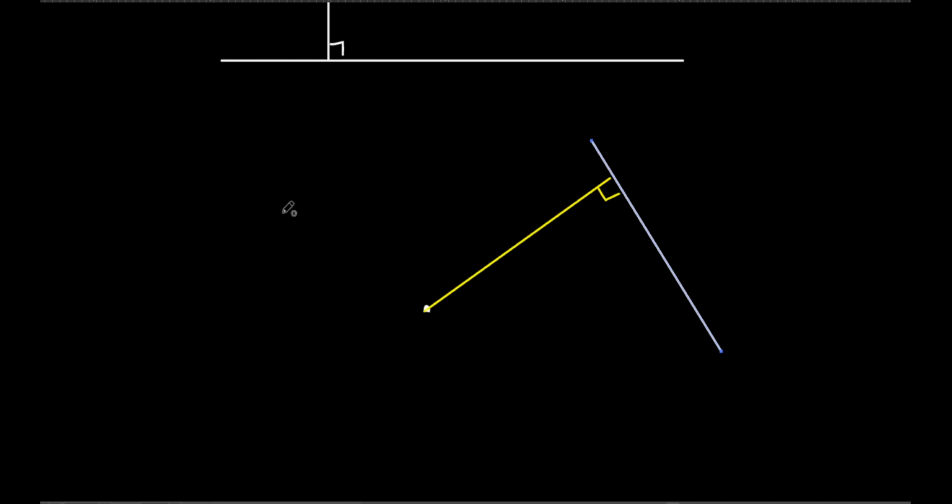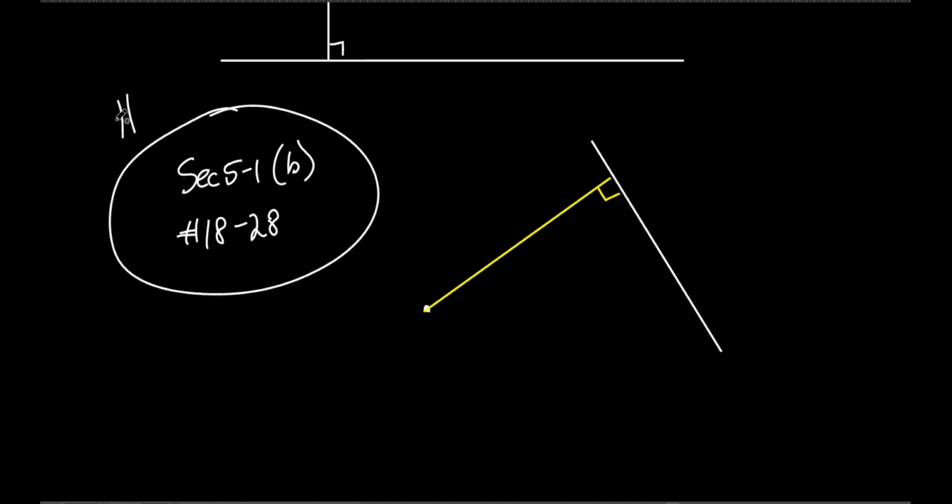So this time we're skipping. We're still doing section 5.1. We'll call it 5.1b. So the one we went over earlier today was 5.1a, and this is 18 to 28. That's your homework right there.